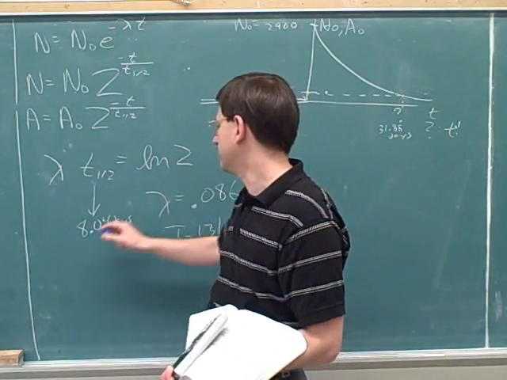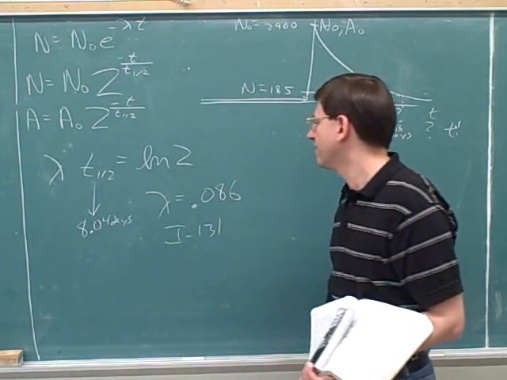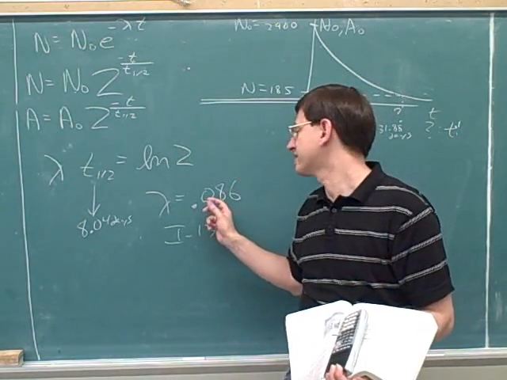So you just did the natural log of 2 divided by 8.04. If you go back in your notes, this is the lambda I gave you for the previous problem. This is how I figured it out.